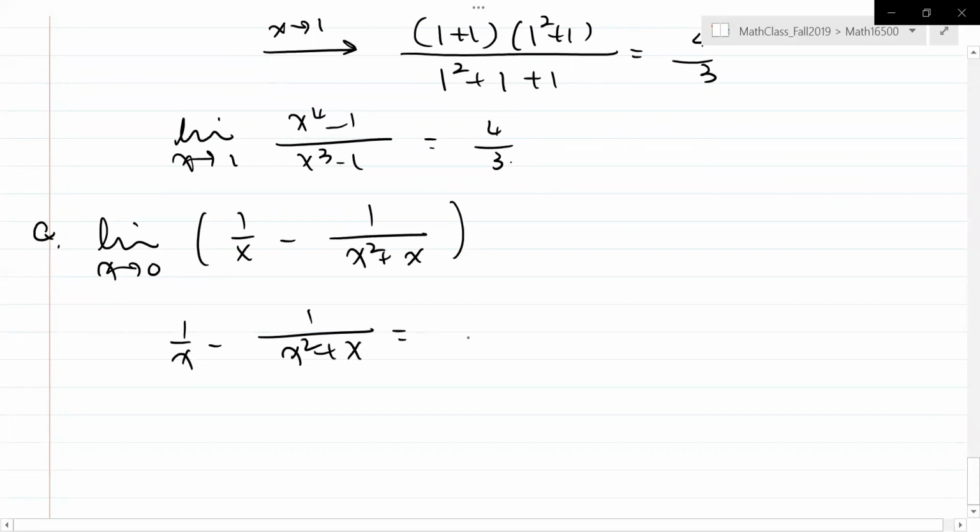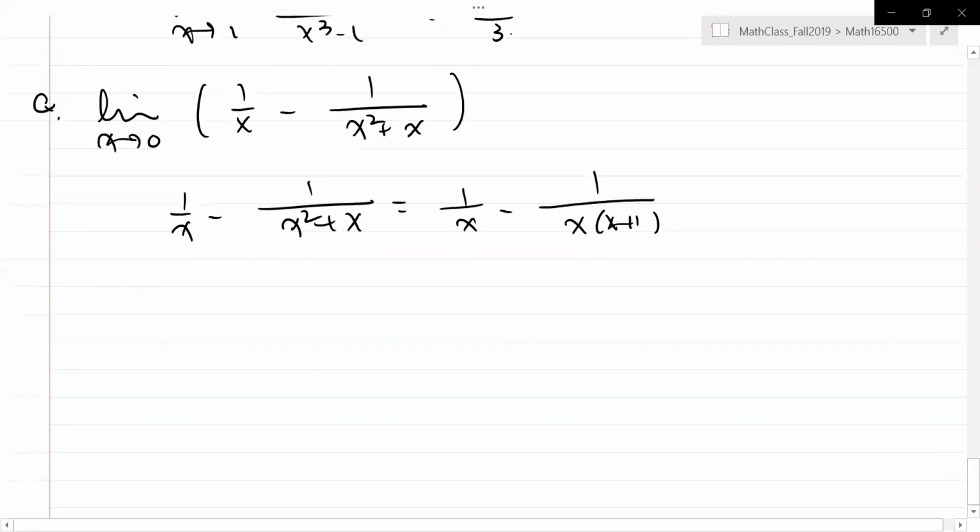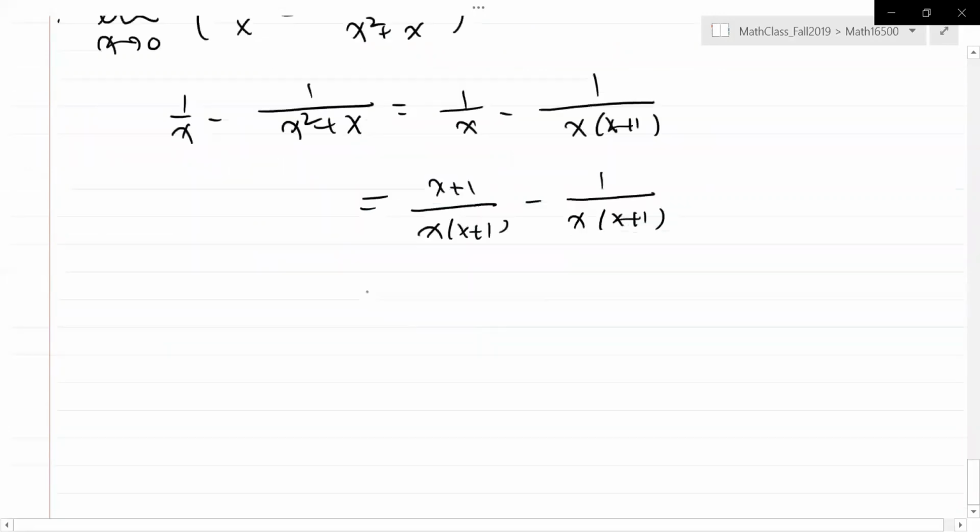1 over x minus 1 over (x squared plus x) is 1 over x minus 1 over x times (x plus 1). So it's easy to get a common denominator. Just multiply the first fraction by (x plus 1), then you get a common denominator. Then just look at the difference of the numerators, which is x plus 1 minus 1, that's just x.